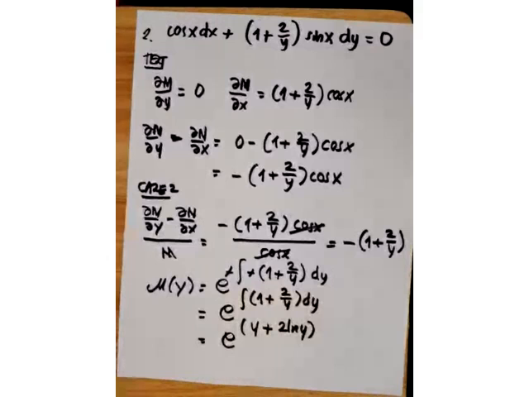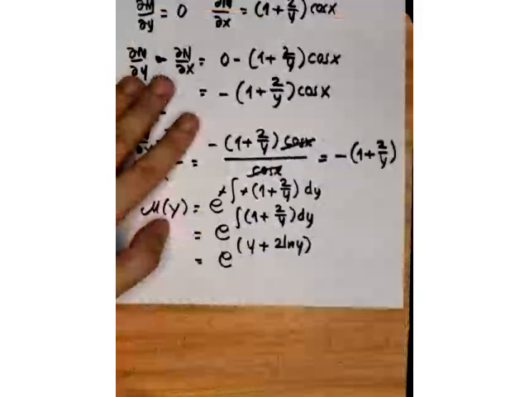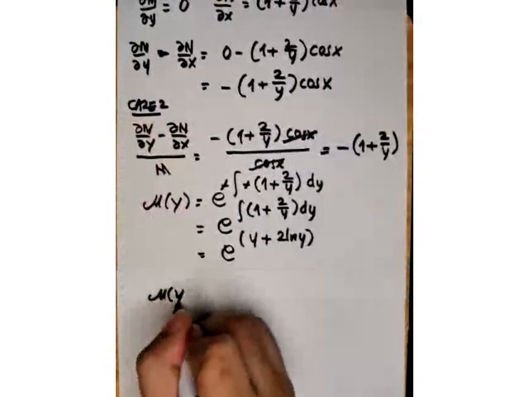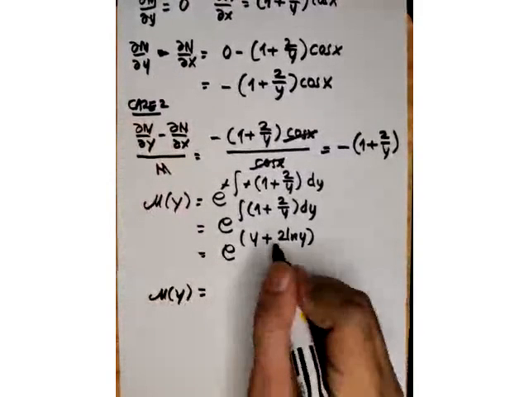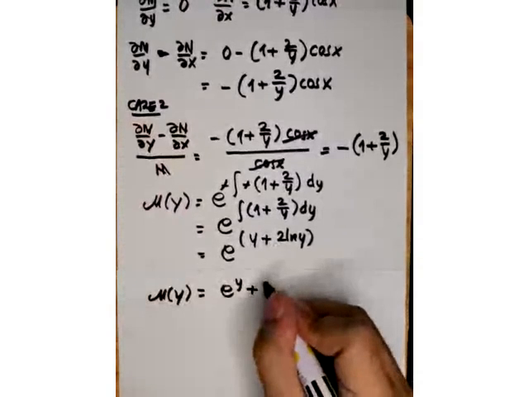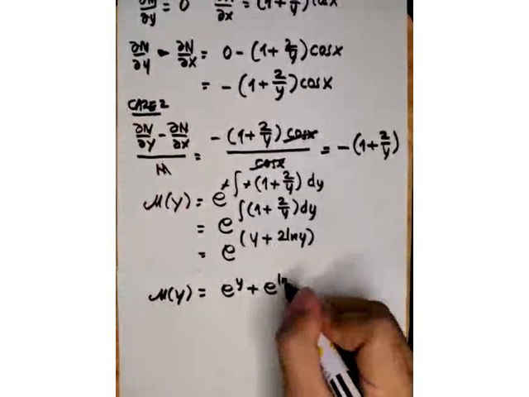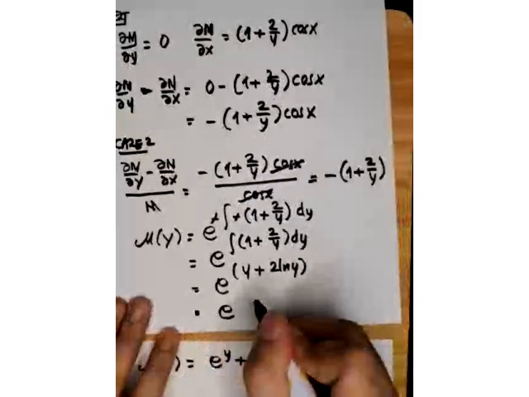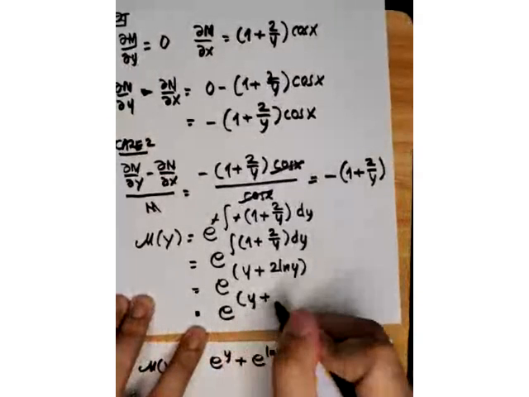Ayan. So paano natin ito i-simplify? So let's use some properties of power. So that means the integrating factor is also equal to, didistribute natin ito, so that's e raised to y plus e raised to ln of y squared. So ito ay pwede nating isulat na e raised to y plus ln of y squared.